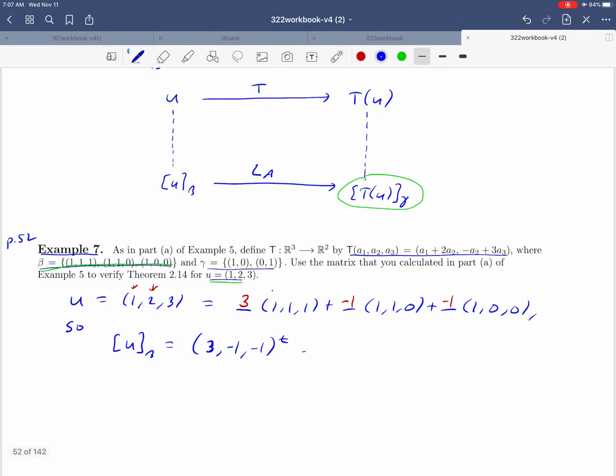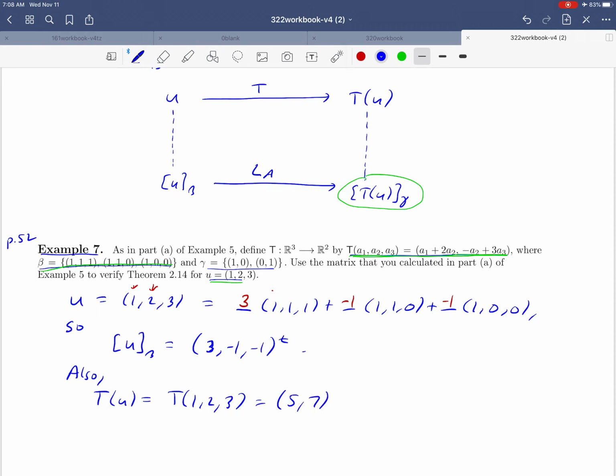t of u looks like t of 1, 2, 3. Our formula for t is sitting here, so we just need to substitute in 1, 2, and 3 for a1, a2, and a3. I'll let you confirm that when you do that, you're going to get 5 in the first coordinate and 7 in the second.